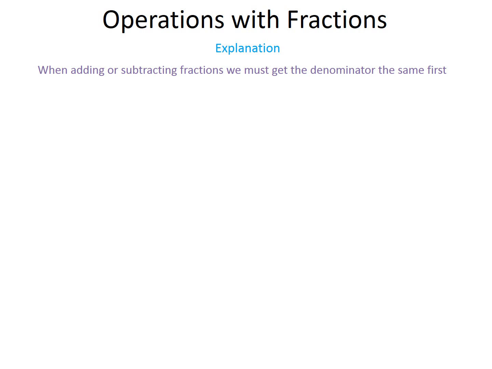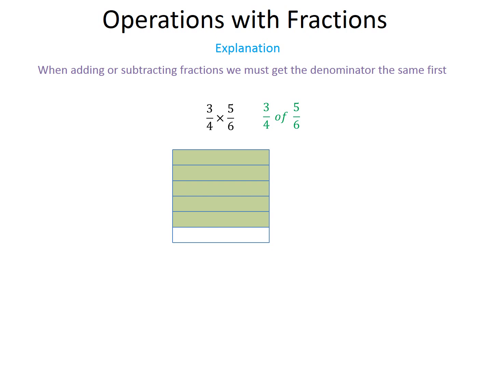Moving on to multiplying fractions now, we're going to find 3/4 times 5/6. Now remember, in maths, times when we're dealing with fractions is like saying of. So really we're working out 3/4 of 5/6. So if we get our 5/6 there, we're looking for 3/4 of it, which means that we're going to split every single one of these bars into quarters. So I've split them all into the quarters and I've shaded in 3 of them.